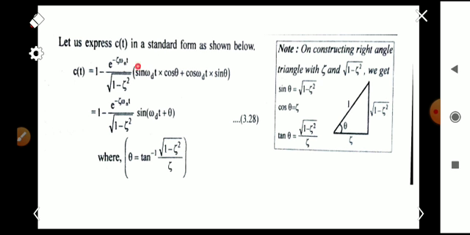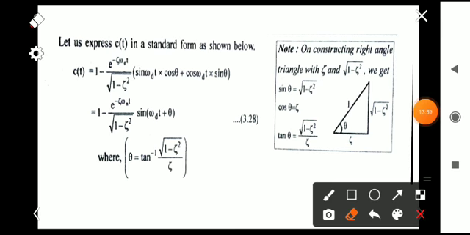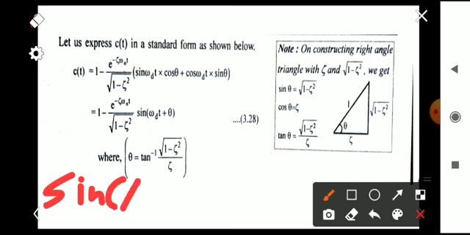The equation is now in the form of sin a cos b plus cos a sin b, which is the expansion of sin of a plus b. Here the value of a becomes omega d t and b becomes theta, so it becomes sin of omega d t plus theta.